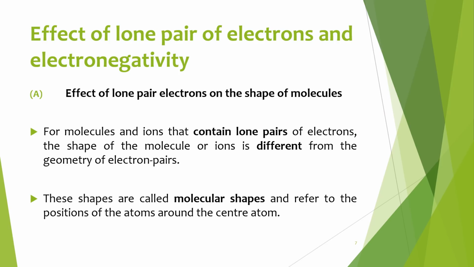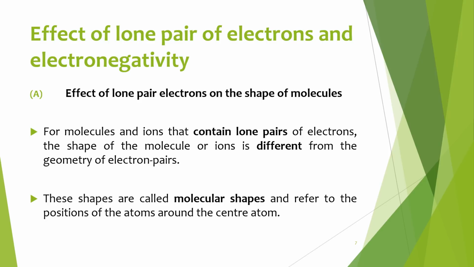So you have learned the 5 basic geometries of a molecule based on their total number of electron pairs. And from the previous examples, all of the molecules only contain bonding pairs. So what if there are lone pairs among the electron pairs?